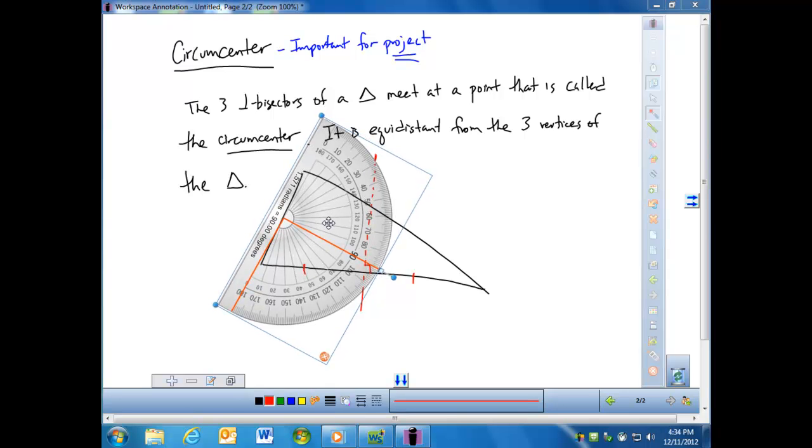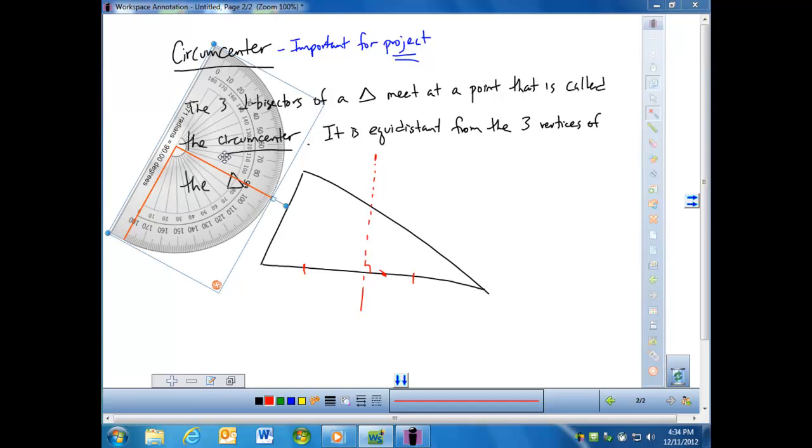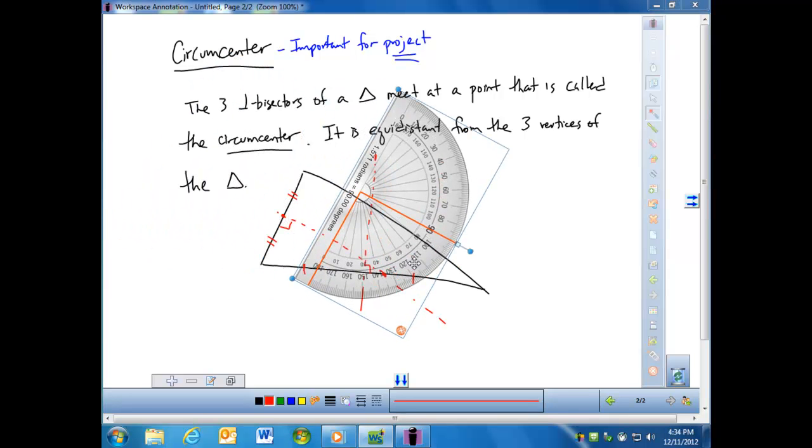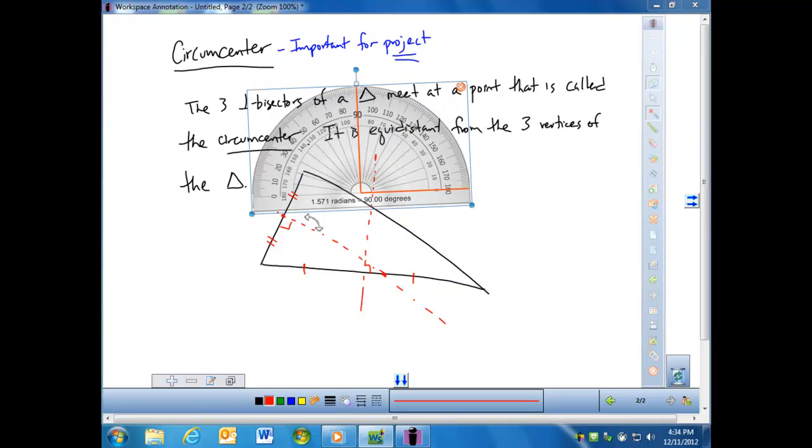It's about there, I'm going to guess, for the time being. And I am going to roughly sketch in where I think the perpendicular bisector is. If you notice, those two perpendicular bisectors do intersect at a point. Of course they do. Any two lines, unless they're parallel, are going to intersect at a point.